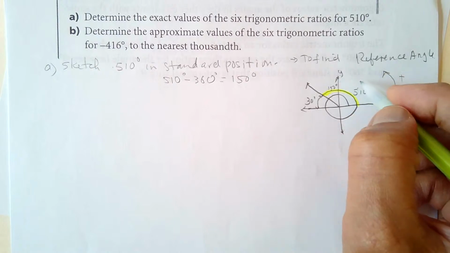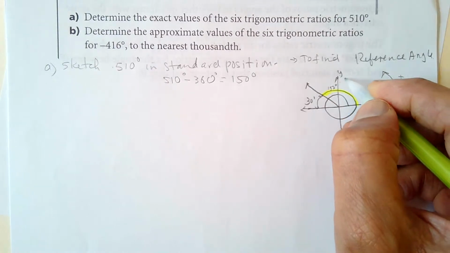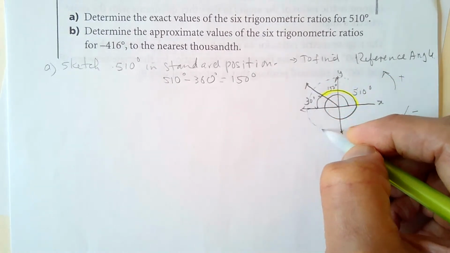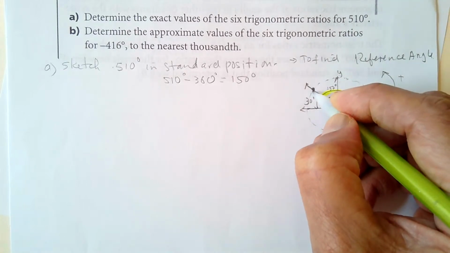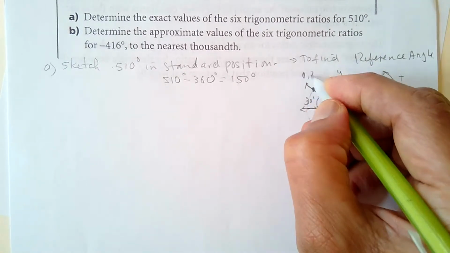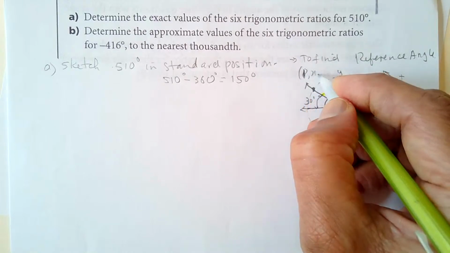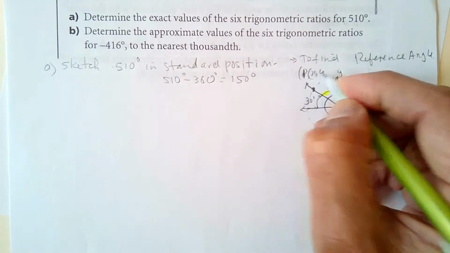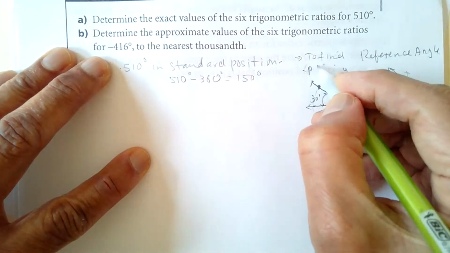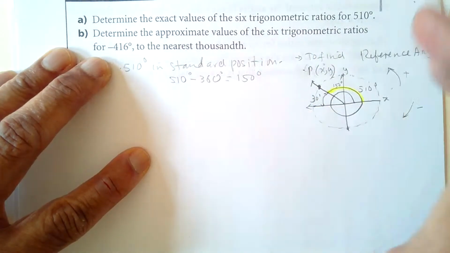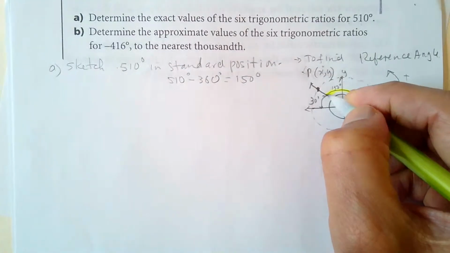Let's say I have my circle. If I were to construct a circle, this is my P, X, Y. So this is 30 degrees.